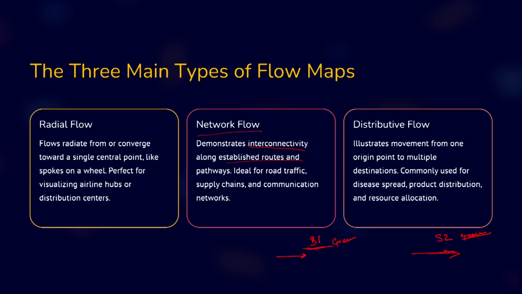Next is distributive flow. This illustrates movement from an origin point to multiple destinations, commonly used for disease spread, product distribution and resource allocation. How disease outbreaks spread, we can map using distributive flow. Another example: we all would have ordered products from Amazon and Flipkart.